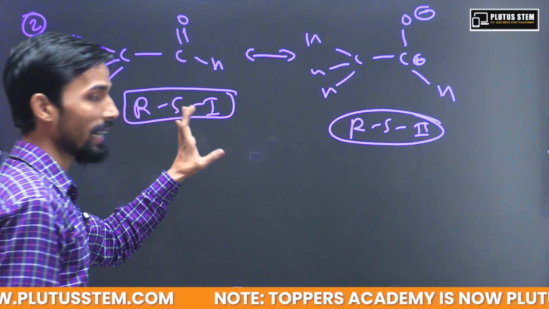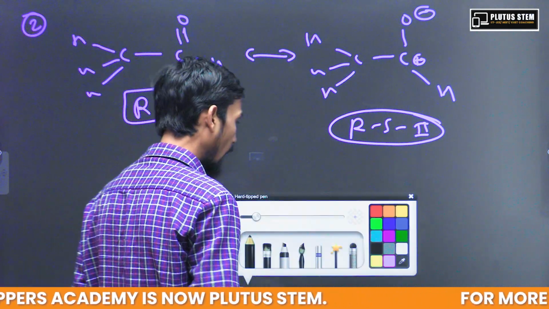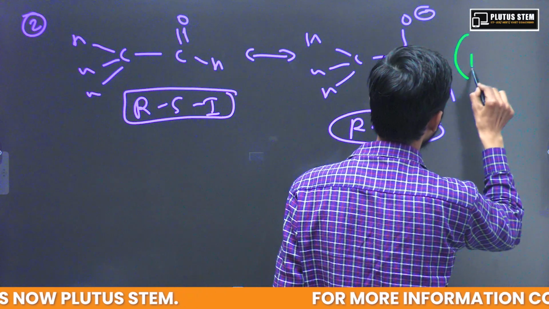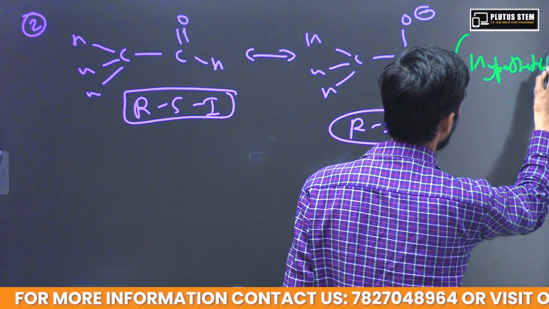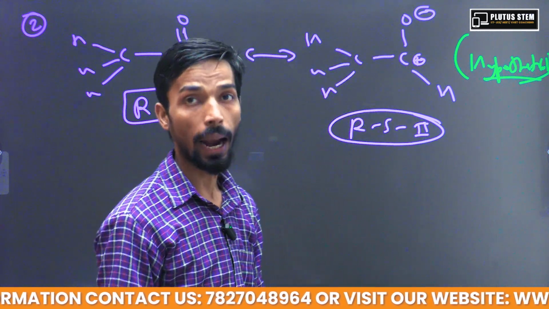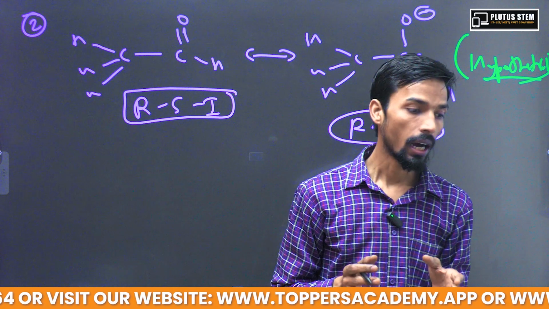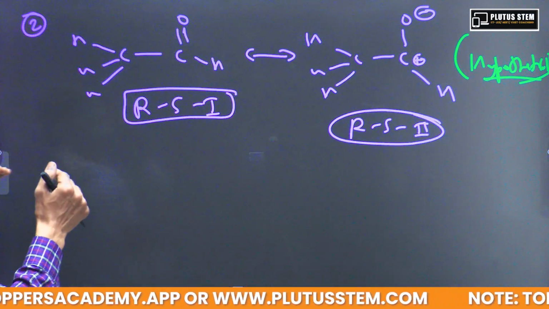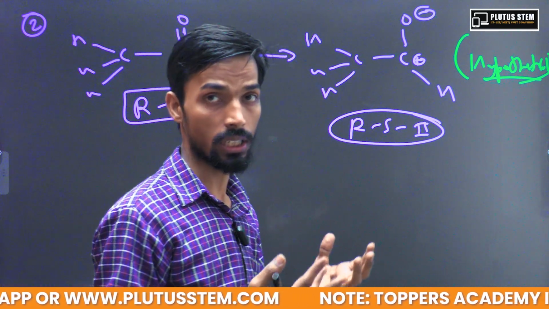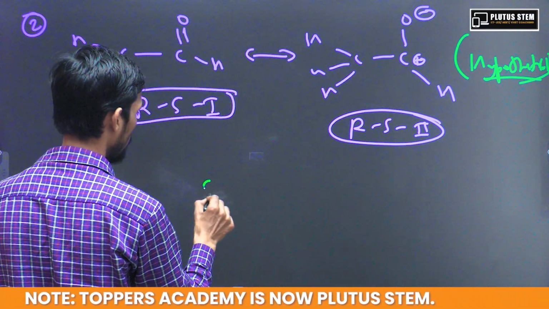These two are resonating structures and they are hypothetical. Those structures which we are drawing are hypothetical, which means they are not the real structure of the compound. So for the real structure we draw the resonance hybrid.